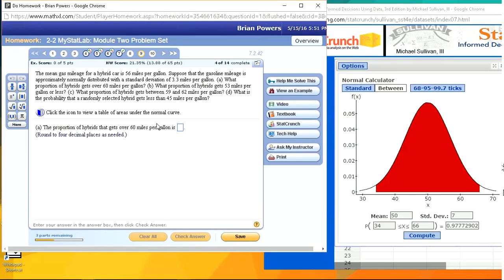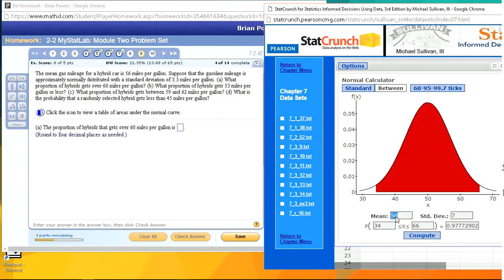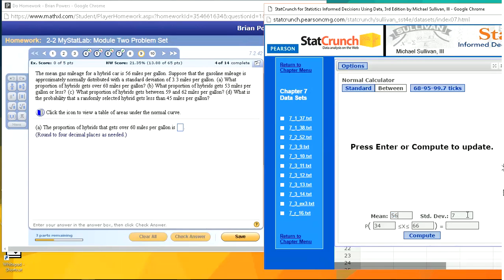Now let's see, for number 9, this is an application of normal probabilities. So we're told that the distribution on hybrid cars, the mean is 56, the standard deviation is 3.3, and if we assume normal distribution, let's put this stuff in, 56 miles to the gallon, 3.3 for the standard deviation, and what proportion of hybrids get over 60 miles per gallon?